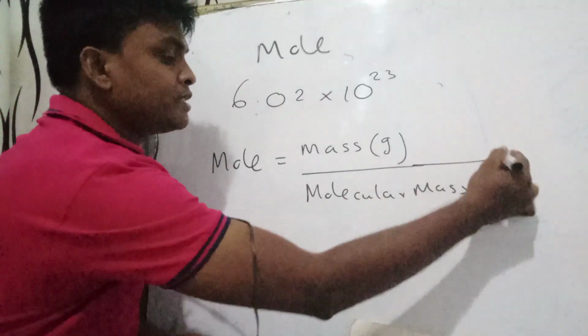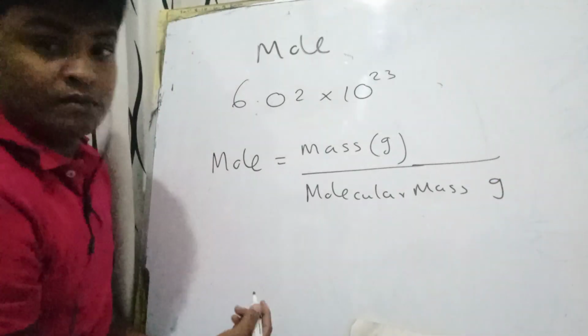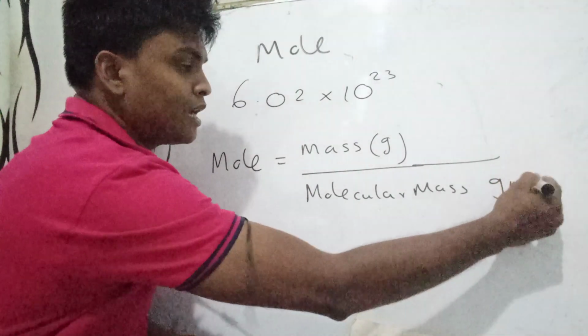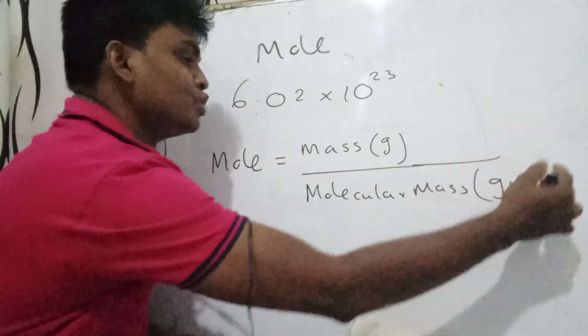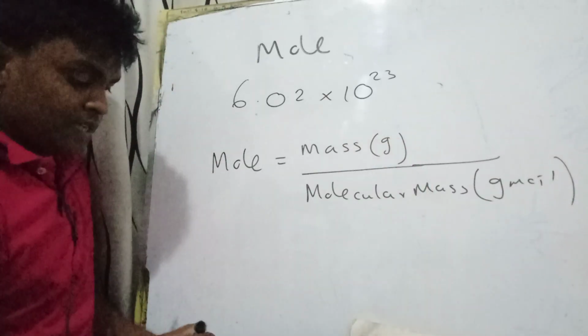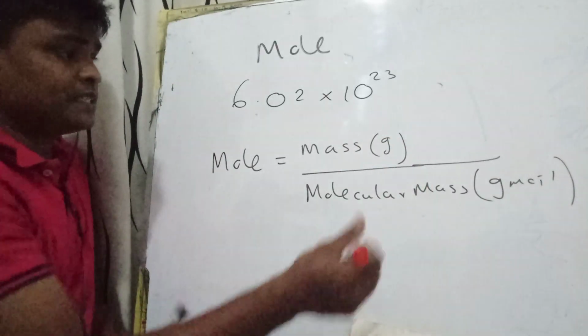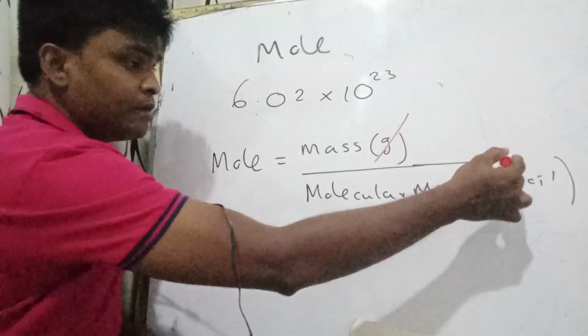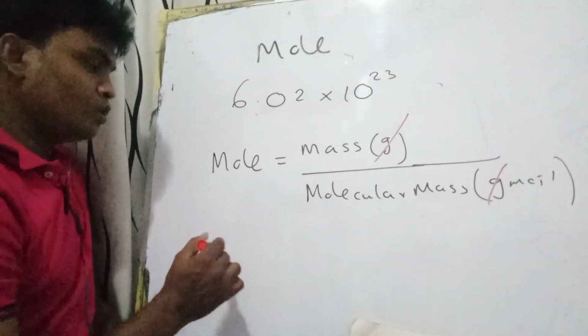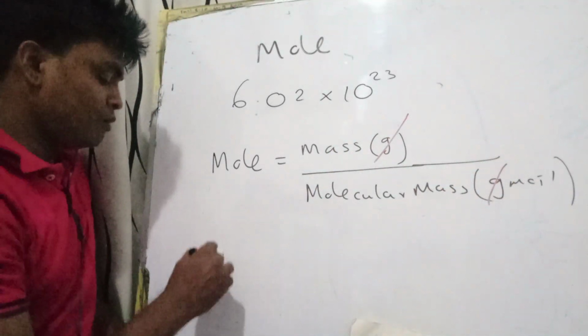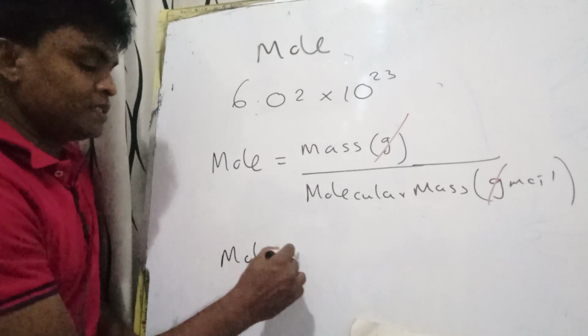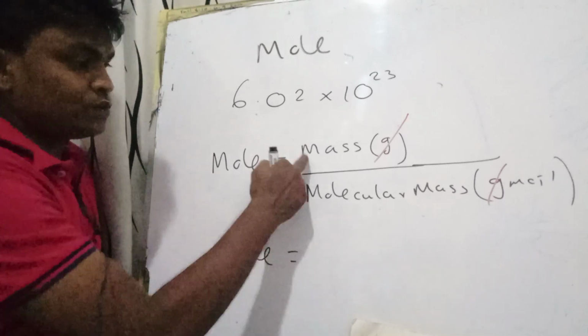You know, the unit of molecular mass is grams per mole. Then if I consider the units, grams and grams cancel, so mole is equal to some number.